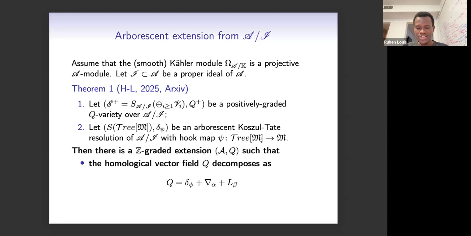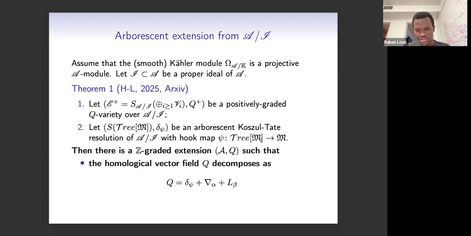So the first part is exactly the Koszul-Tate part, the arborescent Koszul-Tate part, delta psi, which we extend. Normally this delta psi is defined only on the negative part, but we can always extend it to the whole thing by, let's say, 0, for example, and then we get something defined on the whole thing, but we still call it delta.